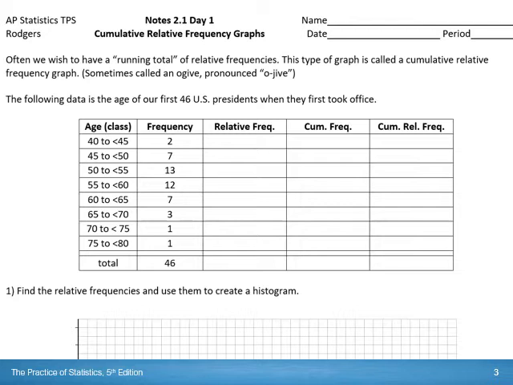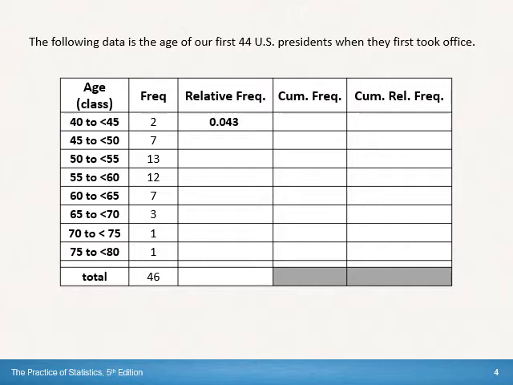Okay, so what we want to first do is look at relative frequency. So you can see the first relative frequency for those aged 40 to 45 is 0.043. So we can think of that as a decimal, or we can think of that as 4.3%.